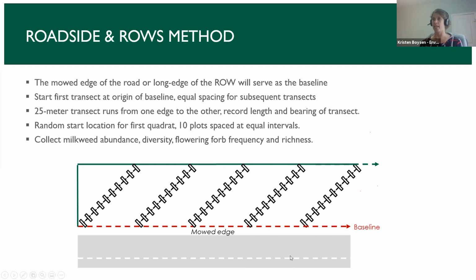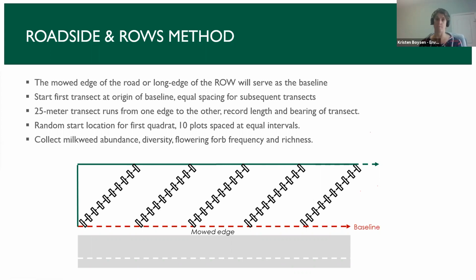And the idea is to run short transects, 25-meter transects as they fit, from one edge to the other, and still 10 plots per transect. So the idea is to kind of crosswise it along the right-of-way with shorter transects.